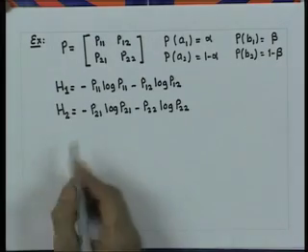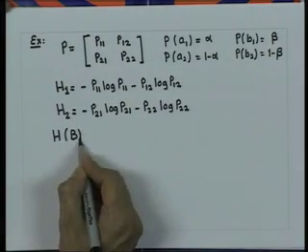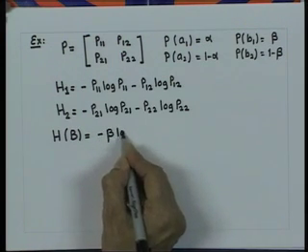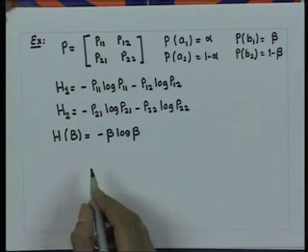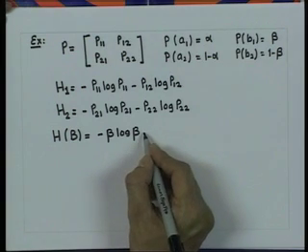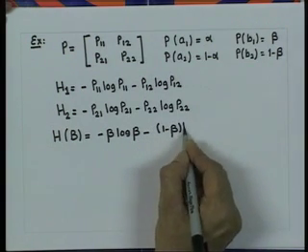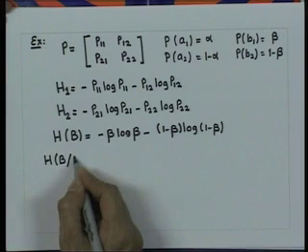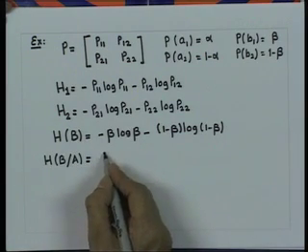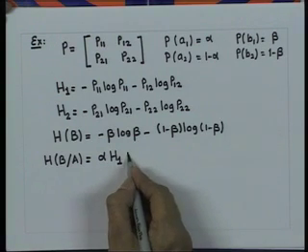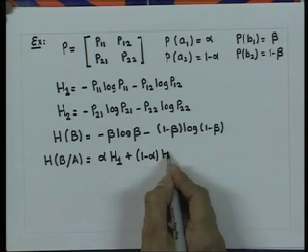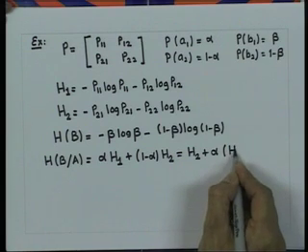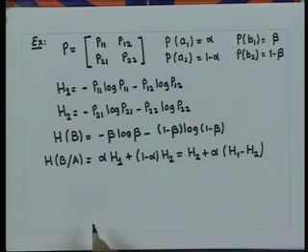Once we have H1 and H2, we obtain H(B), and H(B|A) is equal to alpha times H1 plus (1 - alpha) times H2, which is equal to H2 + alpha (H1 - H2).